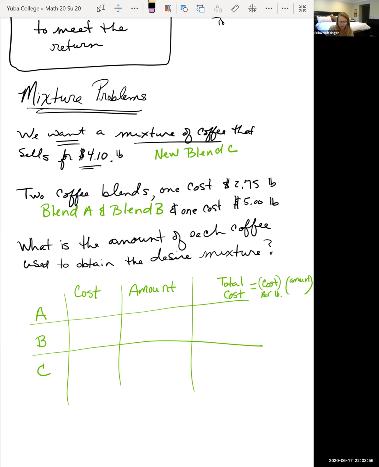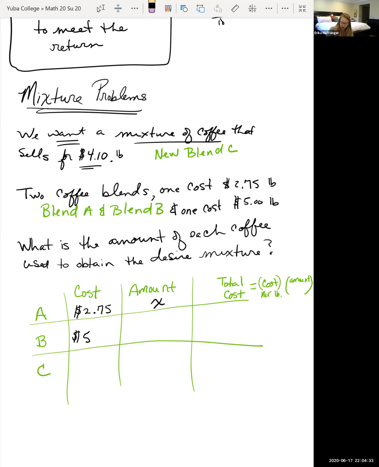Okay, so let's go through and pick out what we know. We know the cost for blend A. Let's say that was the $2.75. We don't know how much we're putting in here, so let's call that amount X. And we know the cost of B is $5.